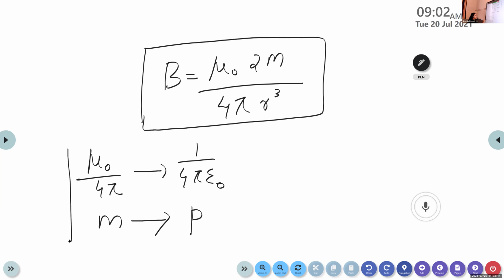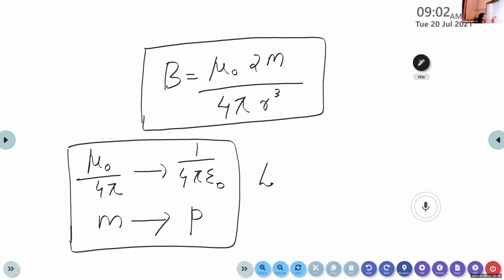So make this modification and try to write an equation for the electric field in electrostatics. E is equal to, instead of mu 0 by 4 pi, 1 by 4 pi epsilon 0. And the 2 is here, there is no change in 2, it's a constant. Instead of magnetic dipole moment, we have electric dipole moment p.